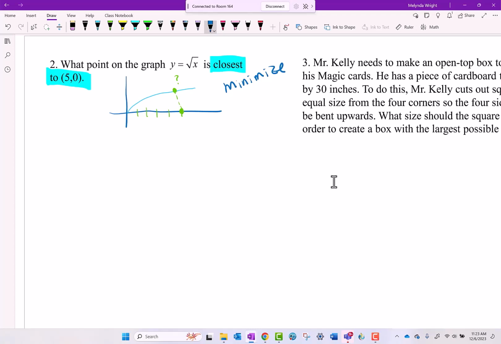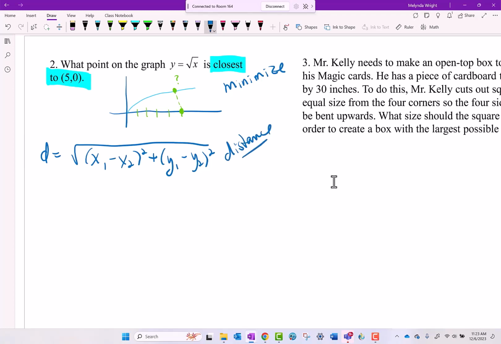Remember that on our formula quiz, the distance formula. This is one of the reasons that we memorize it, because we need it. So I'm just going to write the general equation here. Remember, it's x1 minus x2 squared plus y1 minus y2 squared. That's our general equation for distance. So our distance formula.